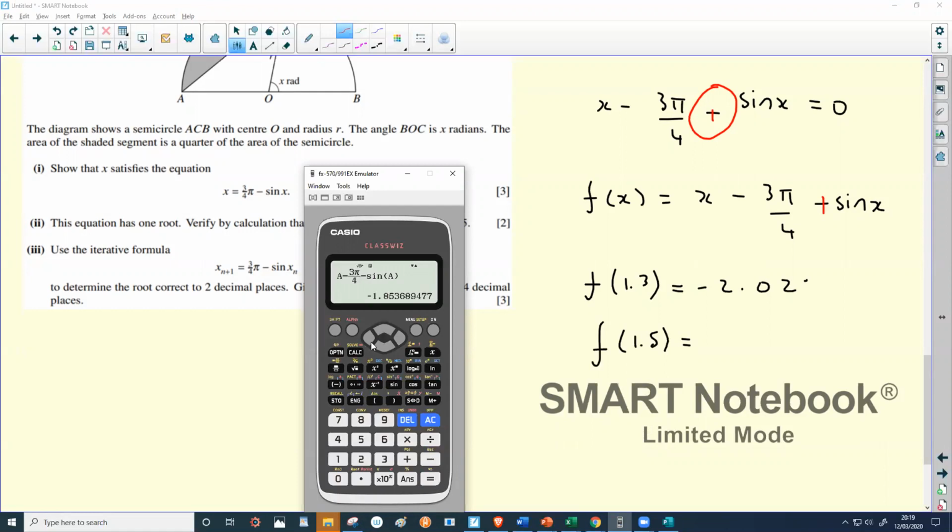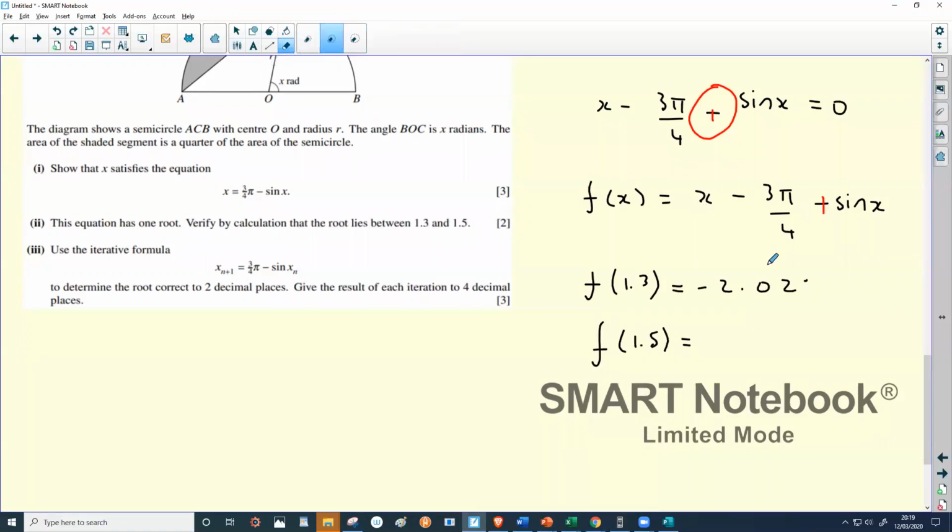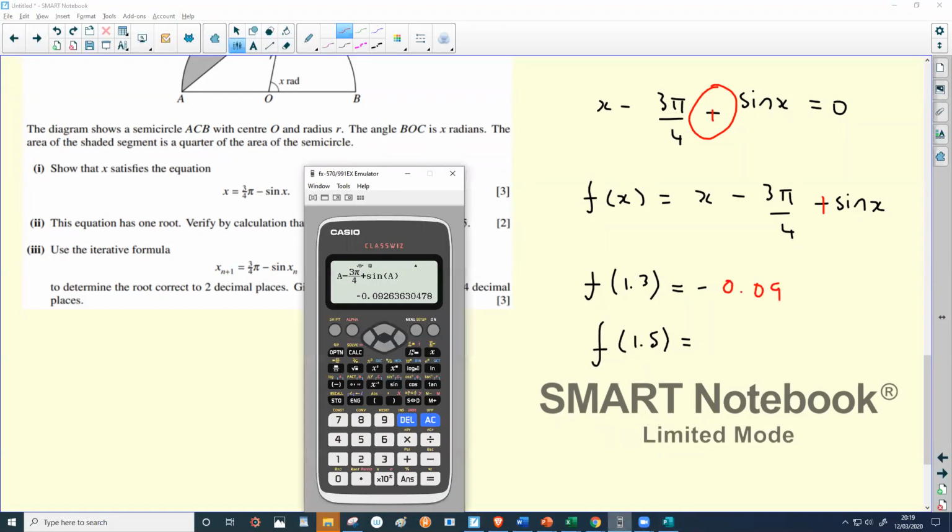So let's actually go and store that in A. And if I go up here and change this expression to a plus for 1.3, I get minus 0.926.